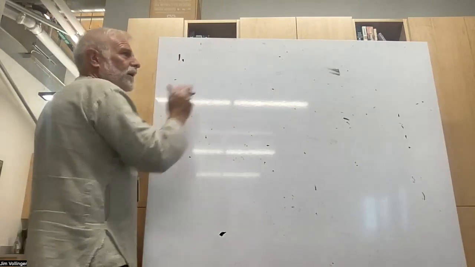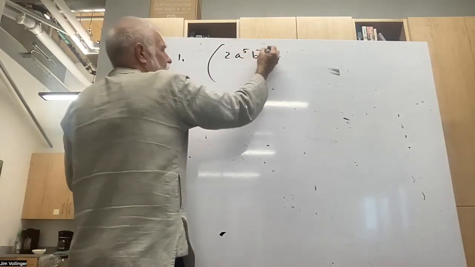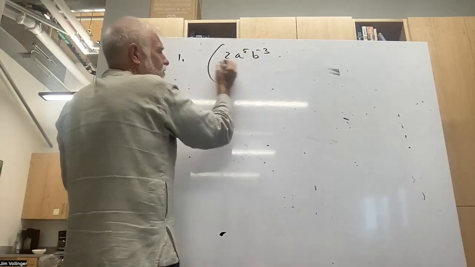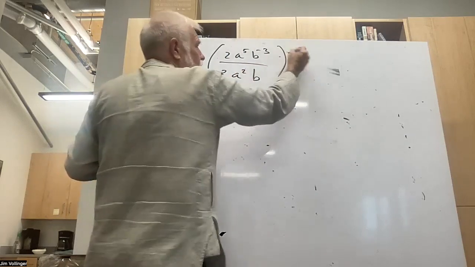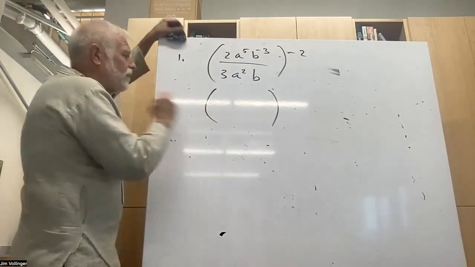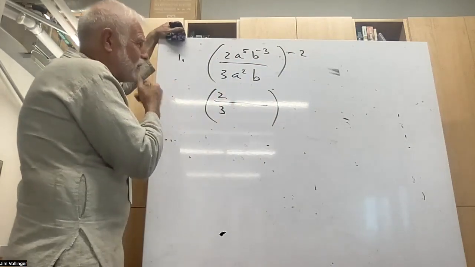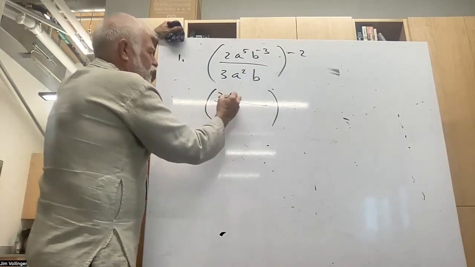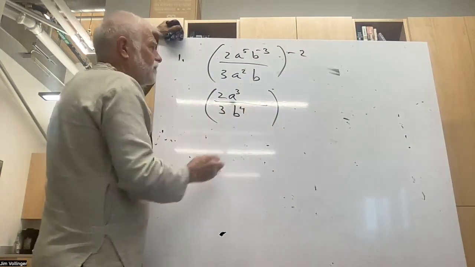And we got 2a to the 5, b to the negative 3, all over 3a squared b, and that's to the negative 2. Again, I'm going to just simplify inside the parentheses, using a rather similar method each and every time. That's a to the 3. There's 3 more in the numerator, there's 4 more in the denominator.